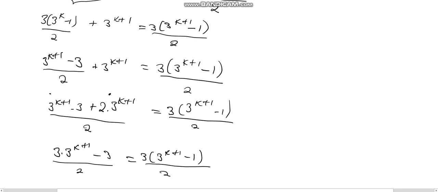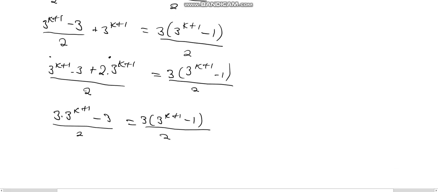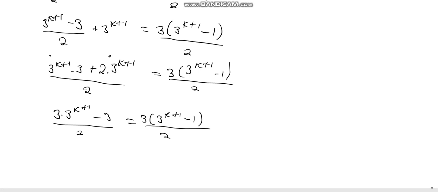So once we do that, we can just factor out a 3 this side. So if you factor out a 3, you have 3 to the power k plus 1 minus 1 divided by 2. This is being equated to 3 to the power k plus 1 minus 1 like this.